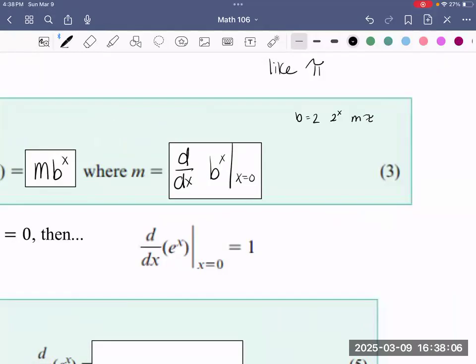We're not really going to be interested in it, because we're more interested in e, which pops up more. But m is about 0.693. And if b is equal to 3, m is roughly 1.1. Again, there's an exercise in your textbook that defines how we get these, but we're not really going to use it.